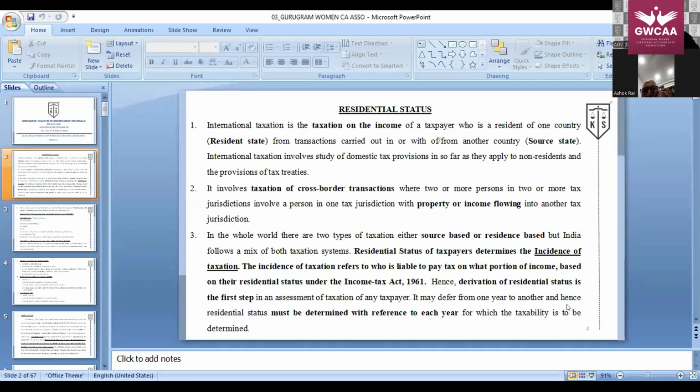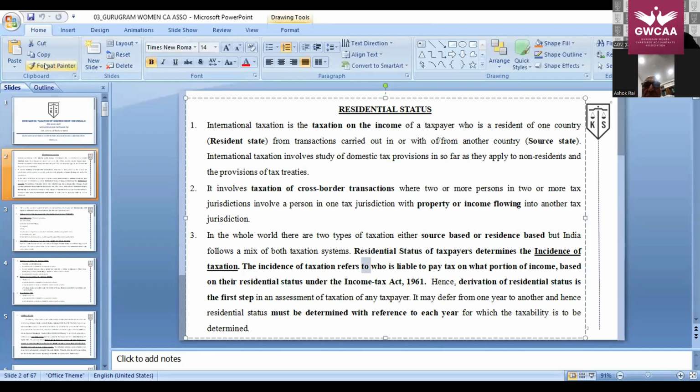When resident of one country. Co-host now. Kartik, you are co-host now. Can you see the screen? Yes, but in normal form, not in slideshow mode.